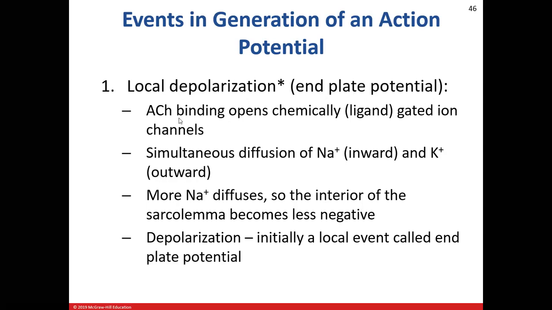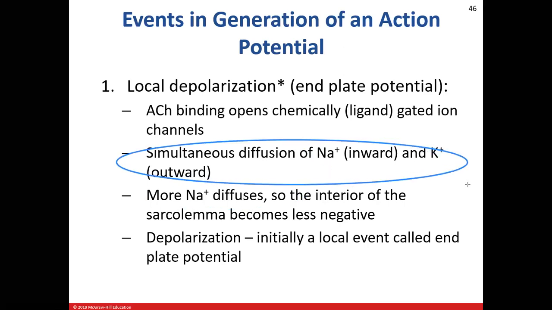Okay? So what ends up happening in order to create this end plate potential is that our acetylcholine binds to our ligand-gated sodium-potassium channels. Those channels now open up, and we have simultaneous diffusion of sodium inward and potassium outward.